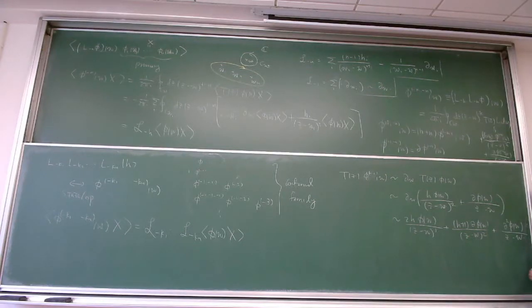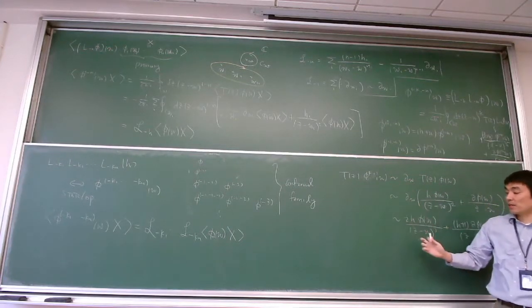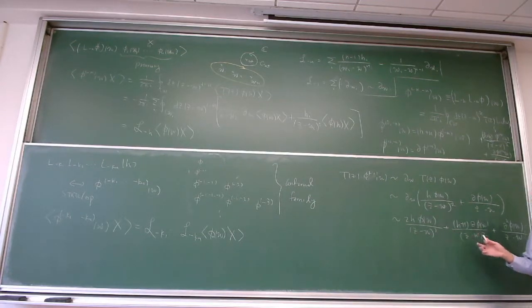Since this is a descendant, you have higher order singular terms. It doesn't stop at second order, but the compound dimension is H plus 1. It's H plus the level, and this is the first instance of this.